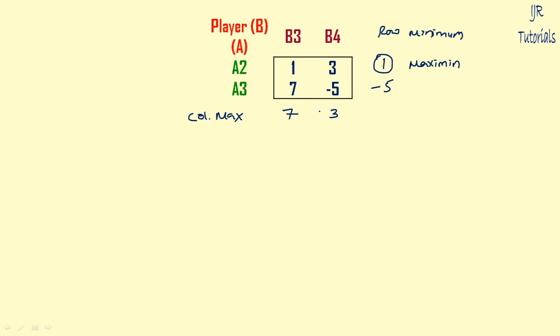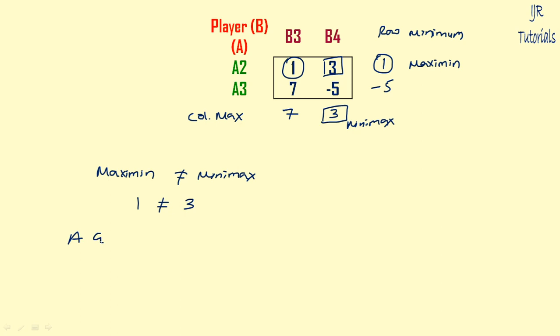Out of this, we need to find the minimum number, that is 3. So 1 and 3. So we can say that maximin is not equal to minimax. This is minimax. That means 1 is not equal to 3.